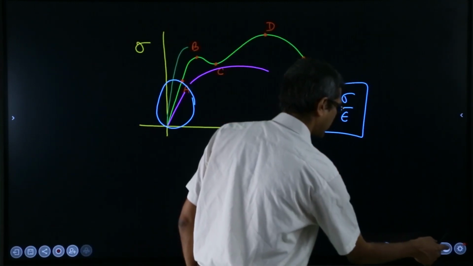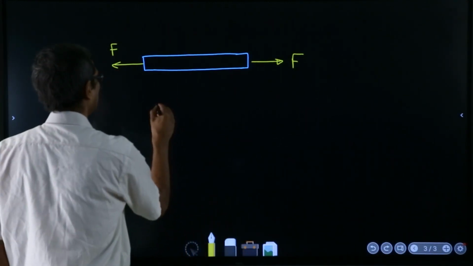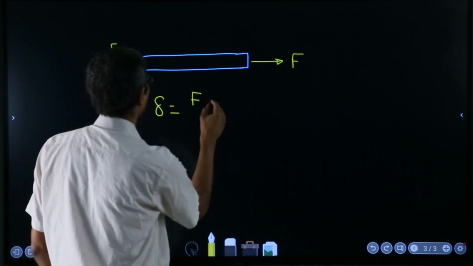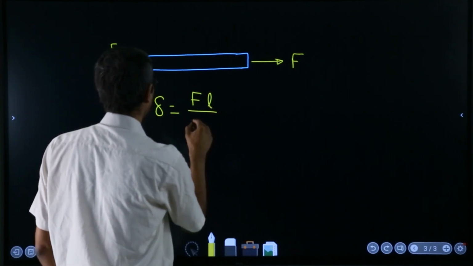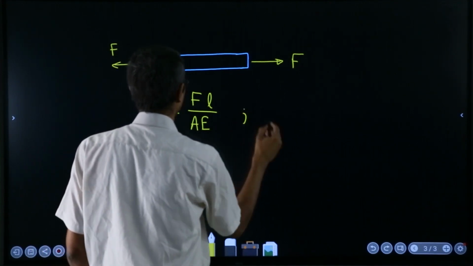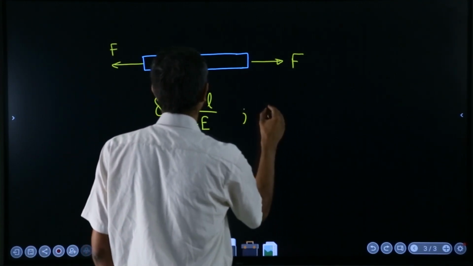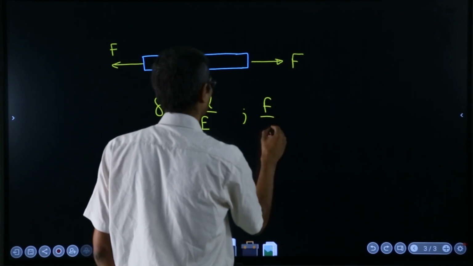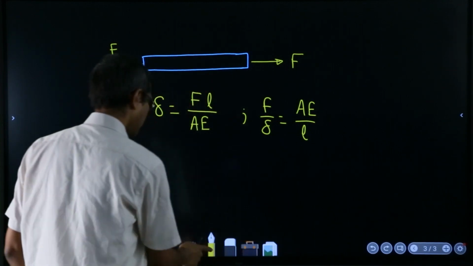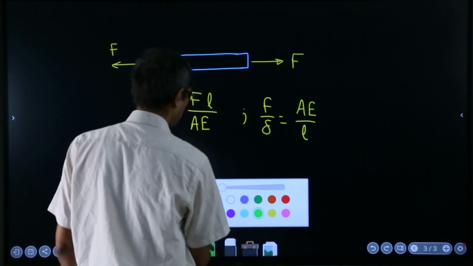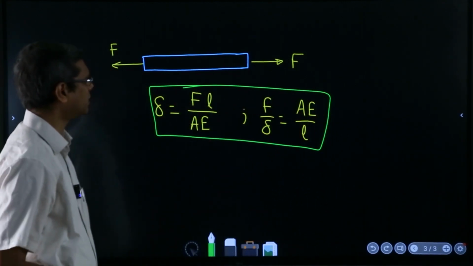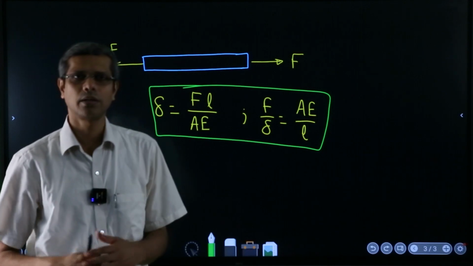Delta is F L over A E, and F over delta is A E over L. This is a setup which you should keep in your mind, and which I will be referring to as the canonical form.